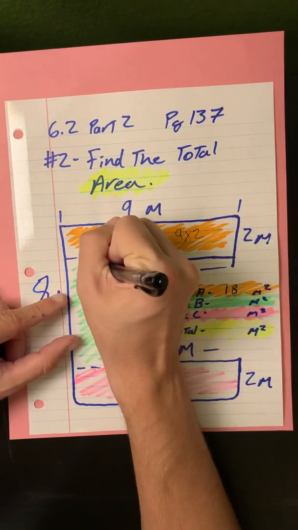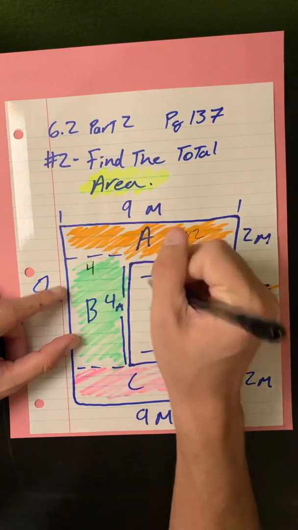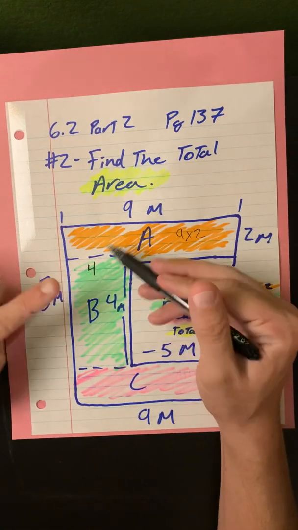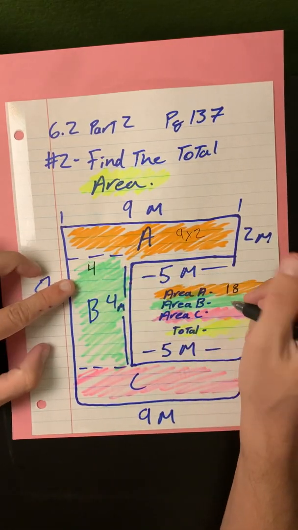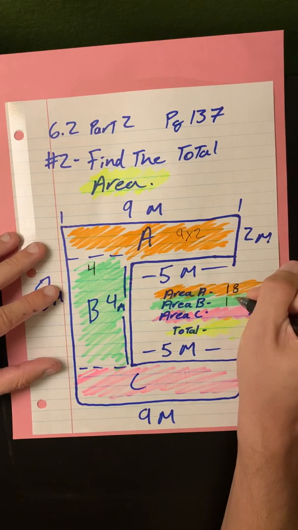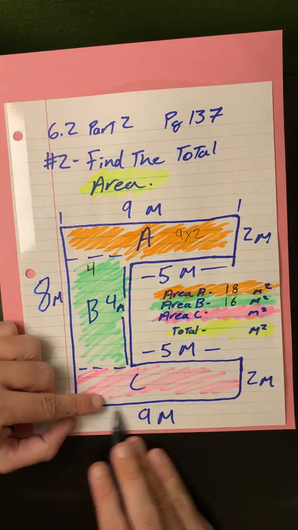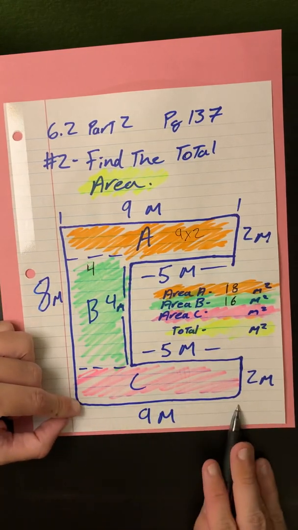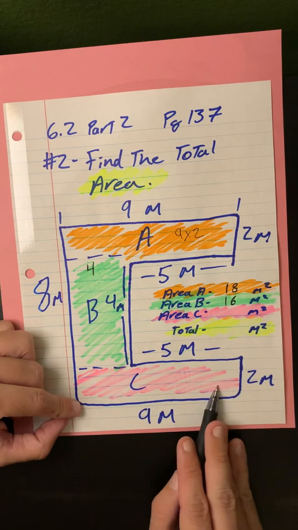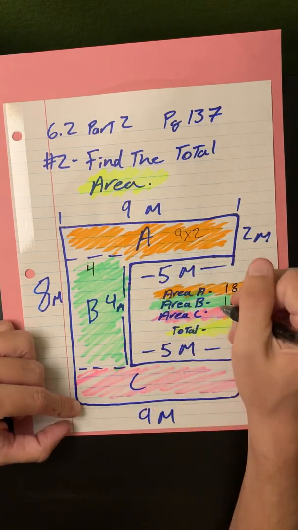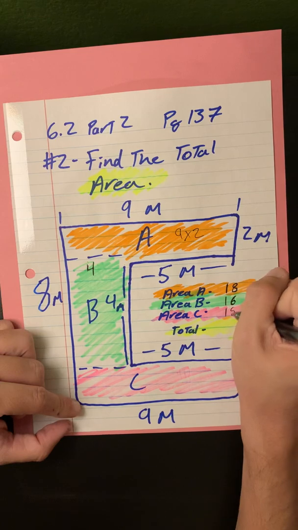So even though it may not look like it, the math shows me that this is a square of 4 times 4. And 4 times 4 gives me an area for B of 16. Then I'm down here at C, which again is a 9 meter by 2 meter rectangle. We've already done 9 by 2. It's the same as A. And that gives me 18.